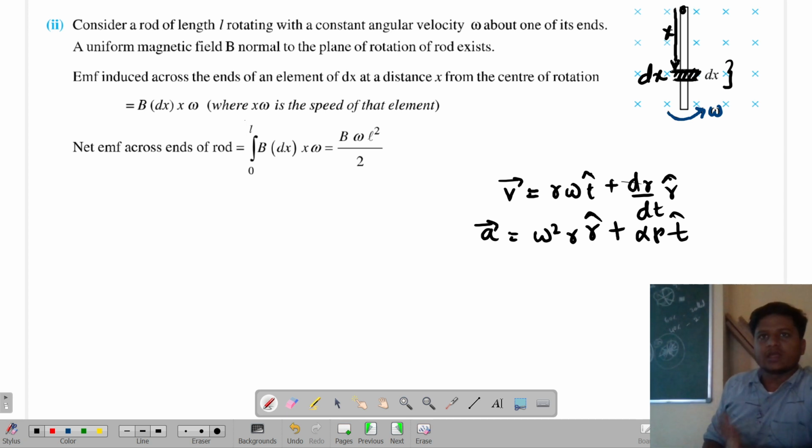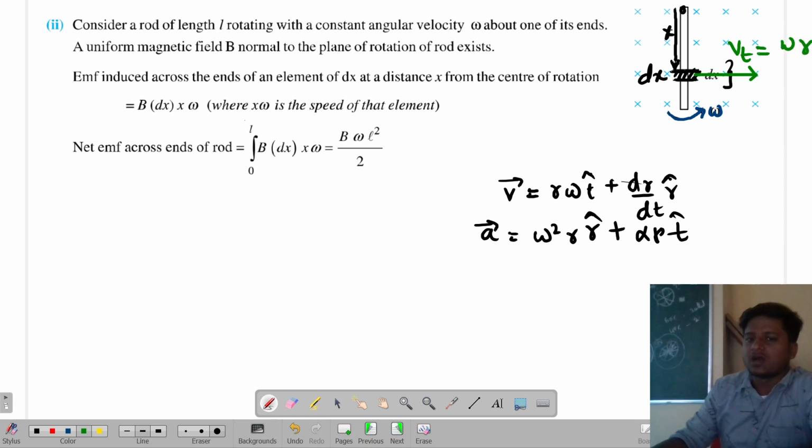So now look over here on this dx, what is the velocity? The velocity perpendicular will be equal to velocity tangential, which is omega into r. Got it or not? So this radius is going to be x, or not? Why? Because this element is lying at distance x from the center of rotation.